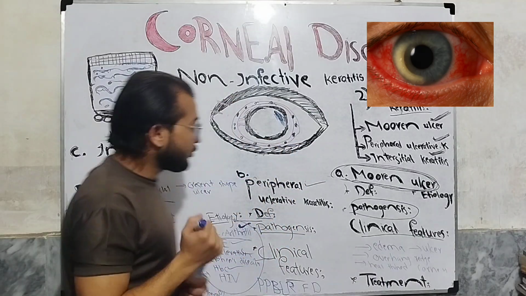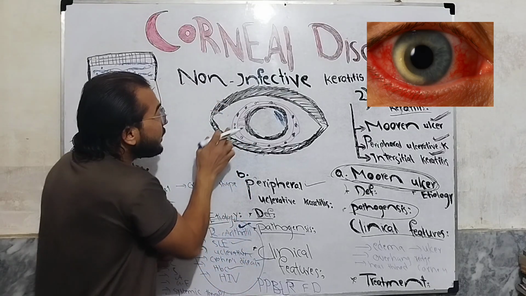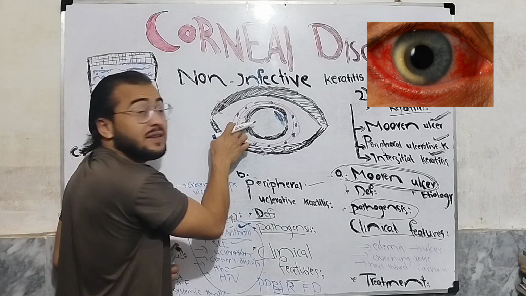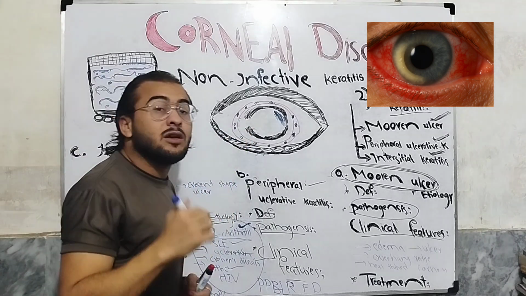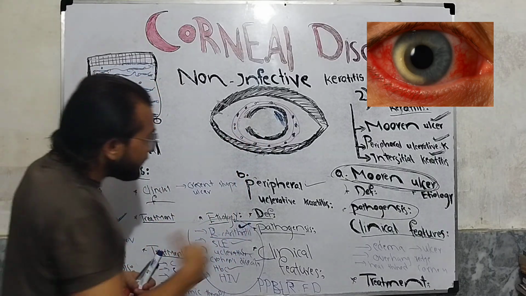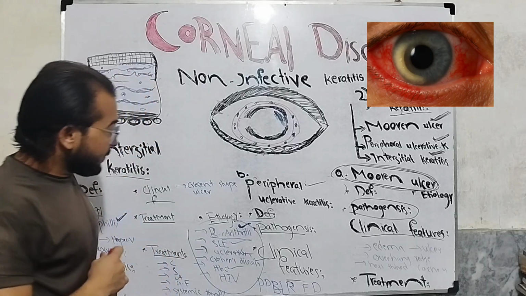These immune complexes will deposit and cause the limbal vasculitis, which will in turn cause the ischemia of the limbus and the necrosis, the ischemic necrosis. So this is the pathogenesis, the same as in Mooren's ulcer.